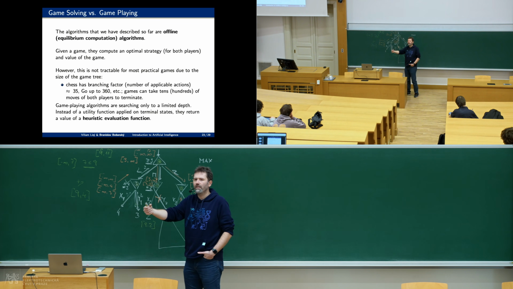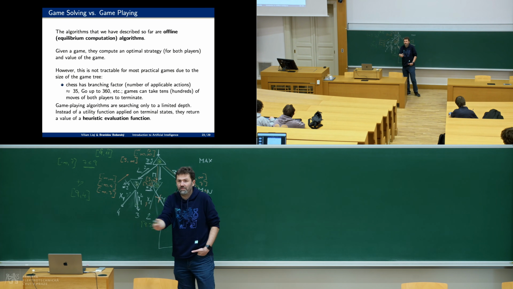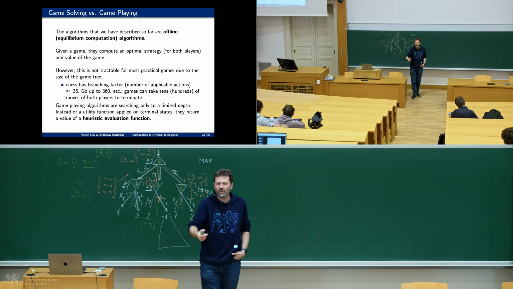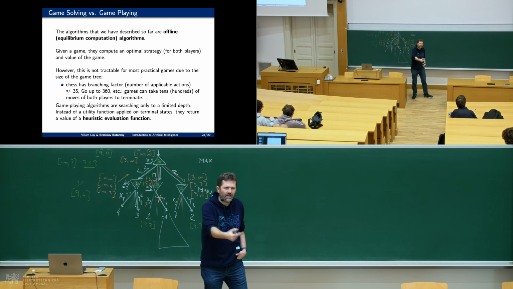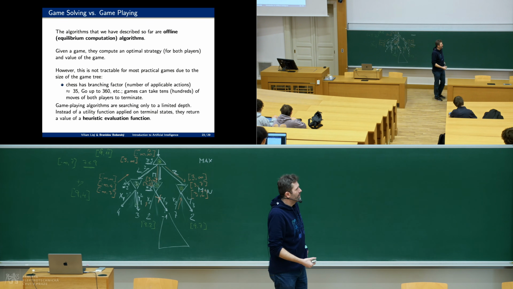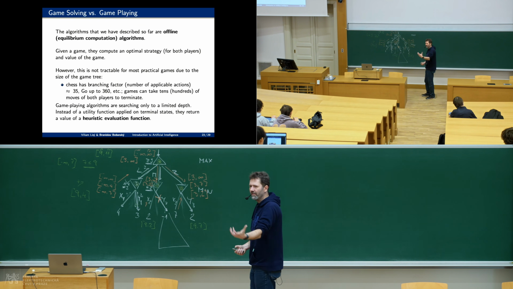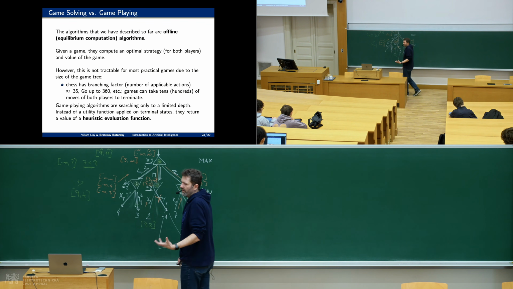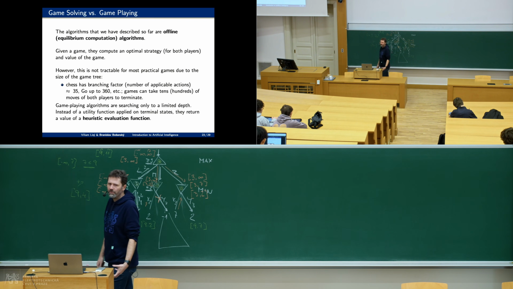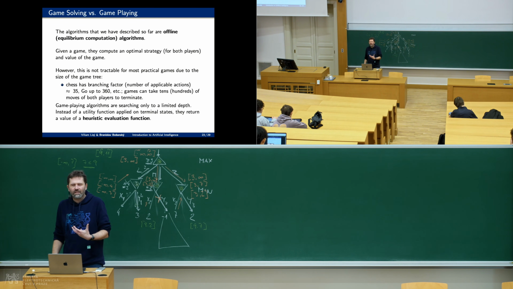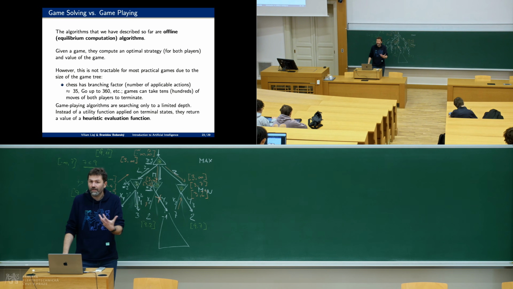Then instead of taking the utility value, because after 10 moves in chess you most likely don't end up in a terminal position, you need to take some other evaluation, a heuristic estimating how good this position is or can be.